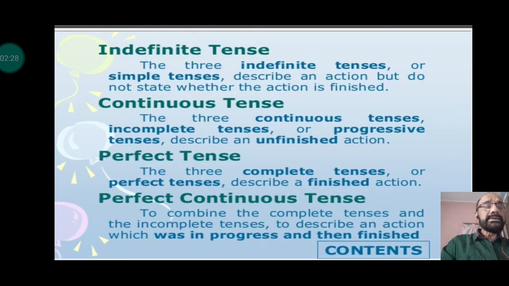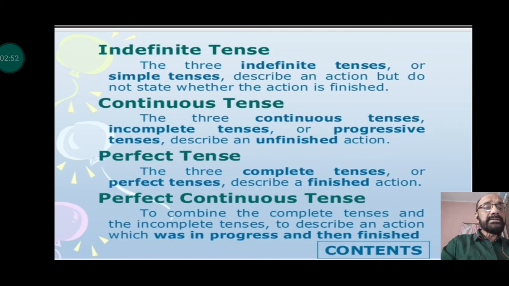Now, indefinite tense or simple tense, that is called simple present, simple past, simple future, or present indefinite, past indefinite, or future indefinite. The three indefinite or simple tenses describe the action but do not state whether the action is finished. The three continuous tenses, incomplete tenses or progressive tenses describe an unfinished action.